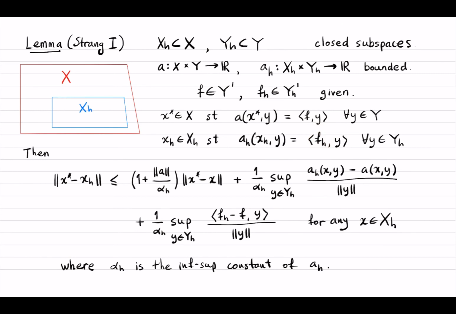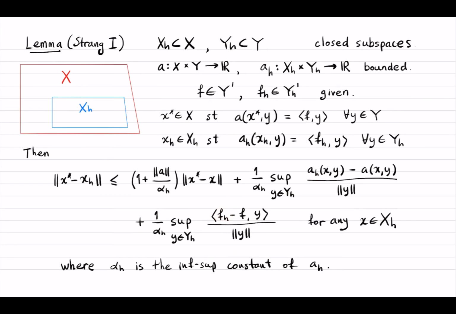Then the lemma says that the error of the Petrov-Galerkin solution, which is the difference between the exact solution x star and discrete solution x_H in the X norm, is bounded by the sum of three terms. The first term is the usual term that comes in Céa's lemma, and the other two terms are called consistency terms, which take into account the fact that the bilinear form A_H and the right-hand side F_H are not necessarily equal to their continuous counterparts.